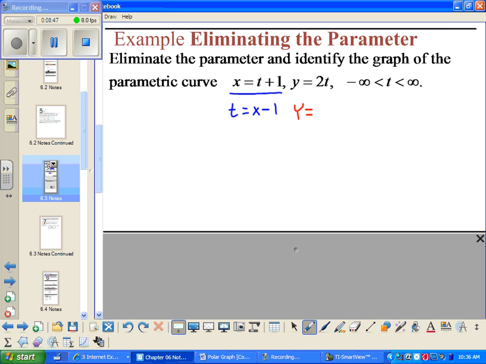So then y would equal 2 times x minus 1, which means y would equal 2x minus 2. You know what that equation is. That's the equation of a line that has a slope of 2 and crosses the y-axis at negative 2.